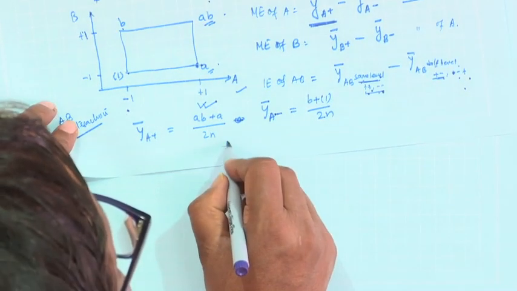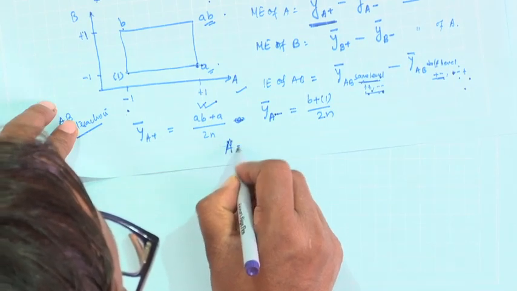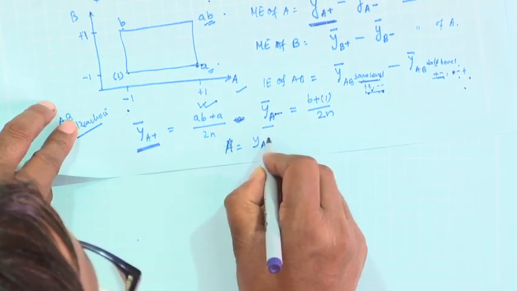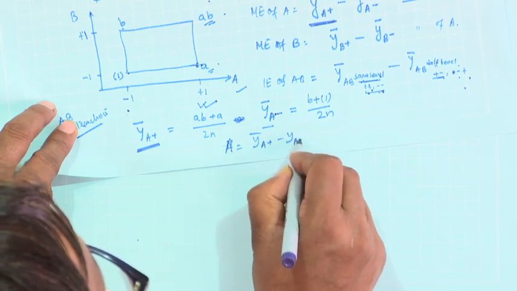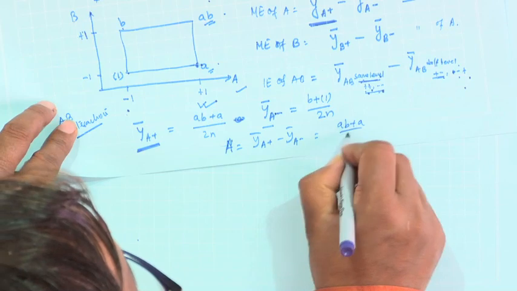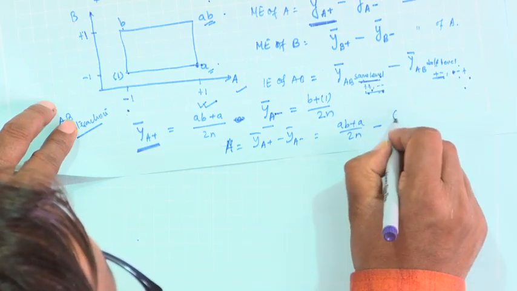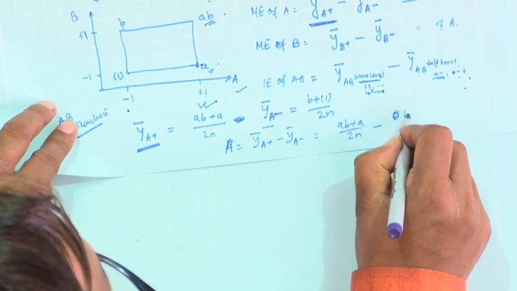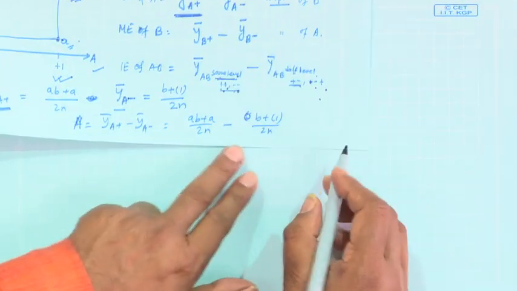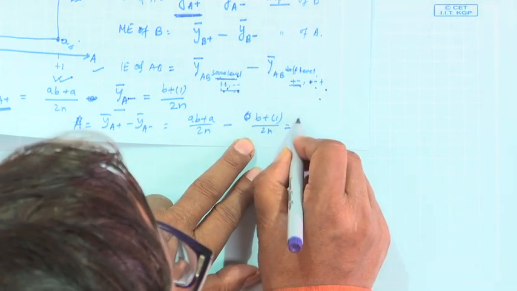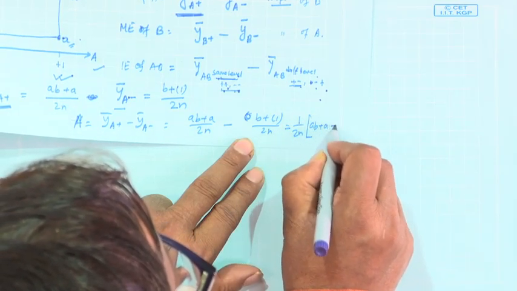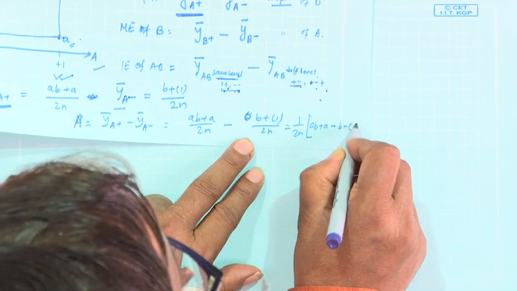Then the effect of A will be the difference between these two, y A plus bar minus y A minus bar, which is ab plus a by 2n minus b plus 1 by 2n. The resultant is 1 by 2n times ab plus a minus b minus 1.